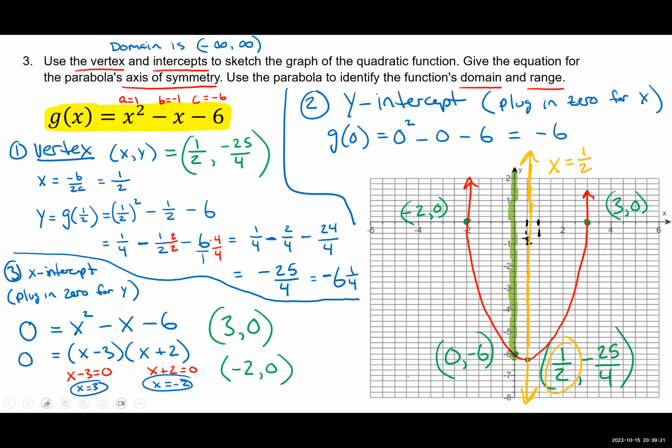So the range of this function, since the parabola opens up, the range starts with the vertex and then goes up to infinity.